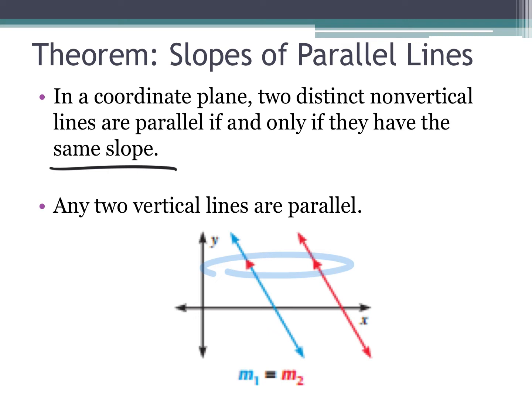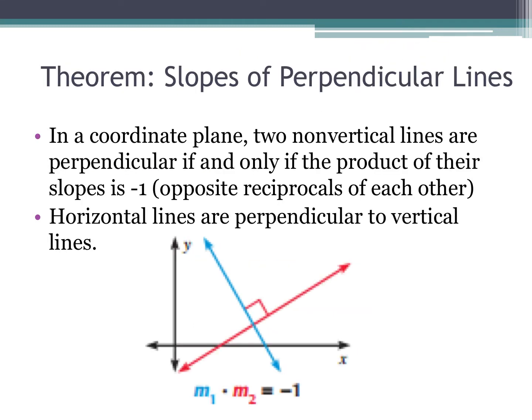For perpendicular lines, two non-vertical lines are perpendicular if and only if the product of their slopes is -1. And what's going to produce a product of -1 is when you multiply one slope times the opposite sign and reciprocal of the other.